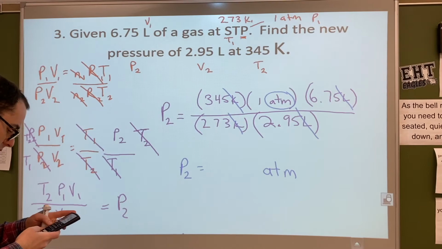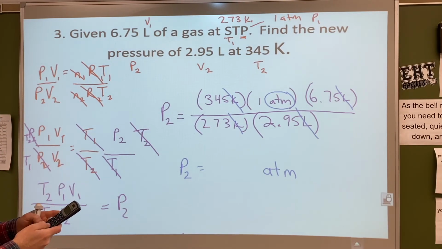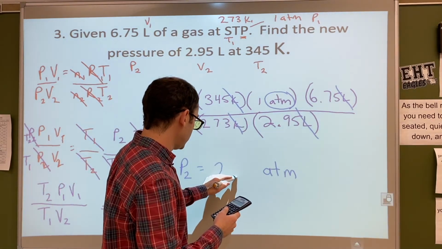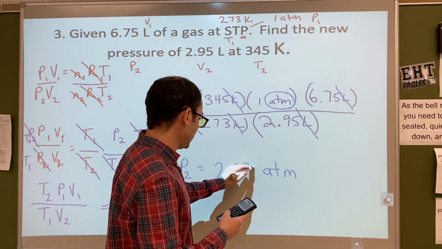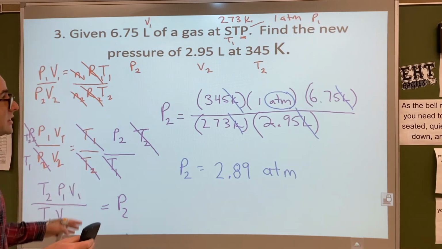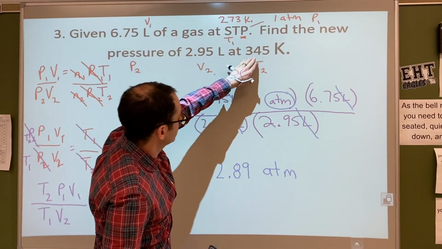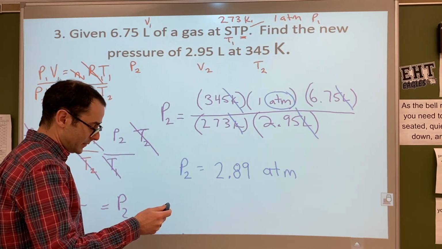So we go 345 times 6.75 divided by 273 divided by 2.95, and that gives us 2.89 ATM. Now let's double check sig figs. It looks like there's 3, 3, and 3, so I'm going to go with 3. It looks rounded.